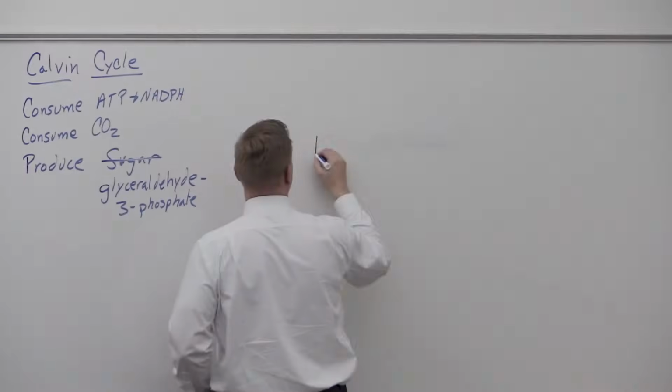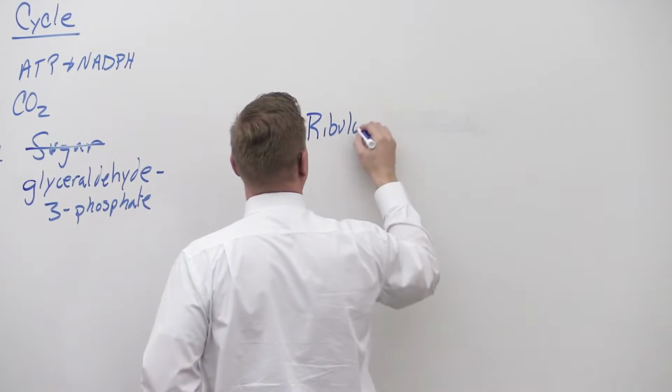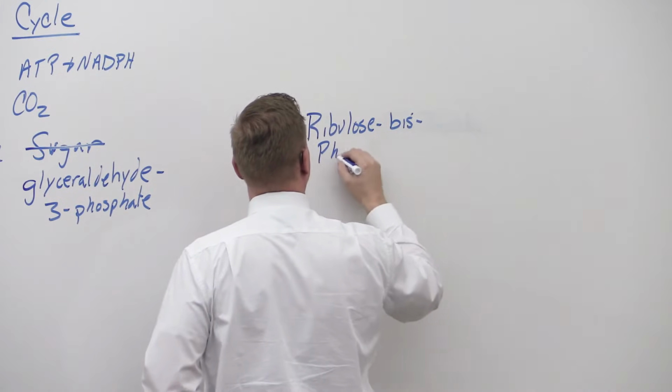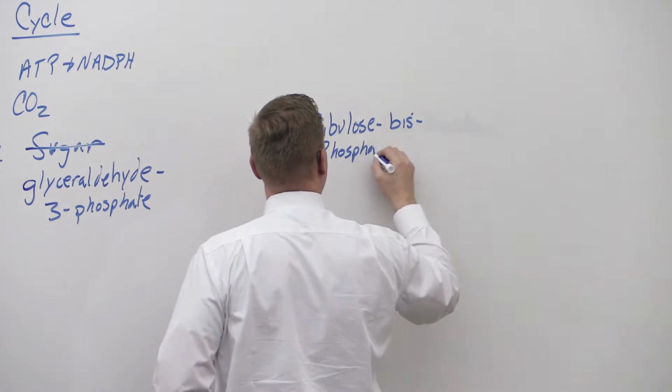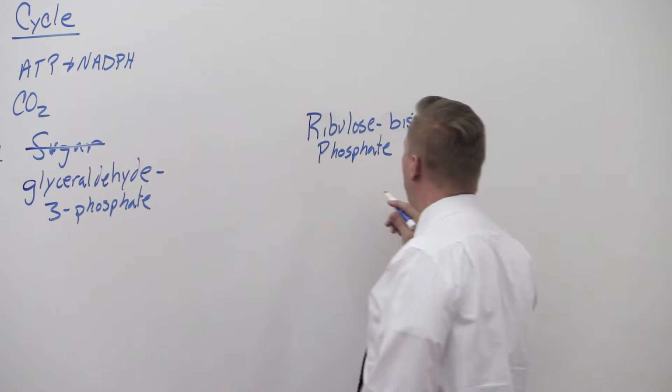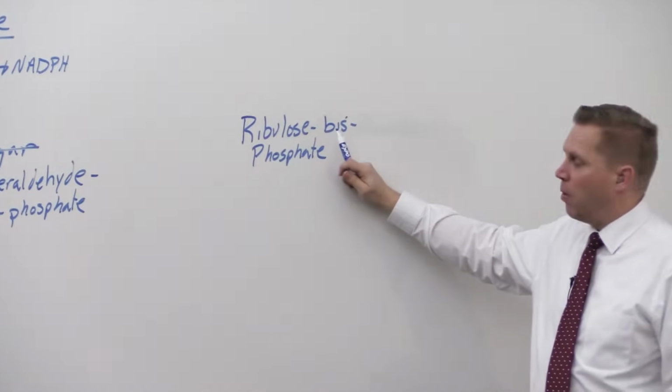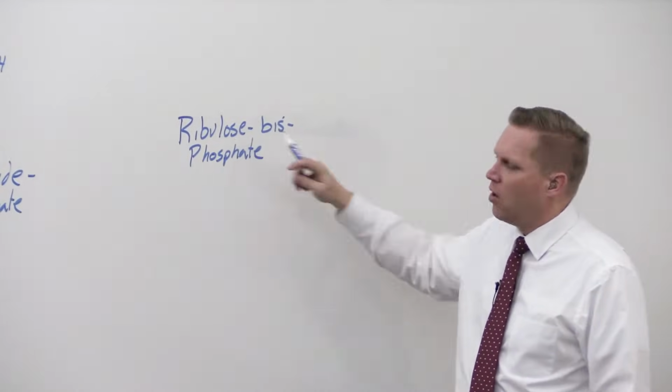So the Calvin cycle is going to start out with a molecule called ribulose bisphosphate. And some important things to note about it. As it implies, it's been energized by the addition of 2 phosphates on it.